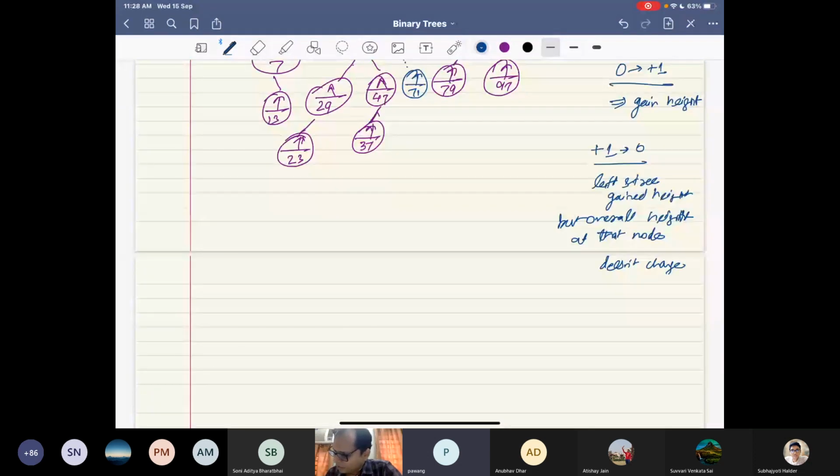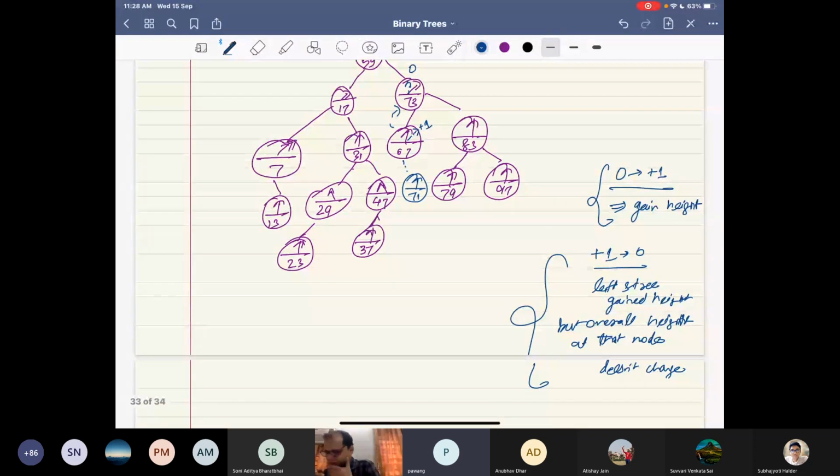So this becomes very crucial. If I'm going from 0 to plus 1, I have to keep on going up. If I'm going from plus 1 to 0, I can stop. And of course, if there is no change at all, I can stop. Okay, so I stop here.